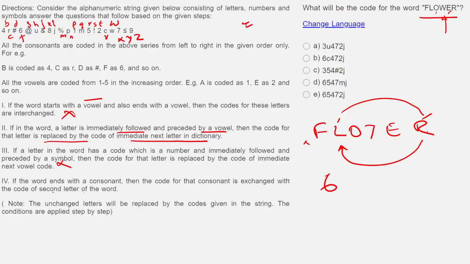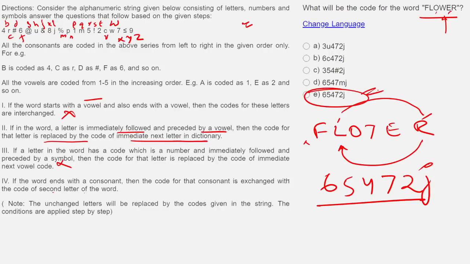R here will be 5, so this will be 6, 5. O here is, A, E, I, O, U, so this is 4, this is 7. E is 2, right? And L's code will go here, which is J. So this should be my code: 6, 5, 4, 7, 2, J. This should be my answer.